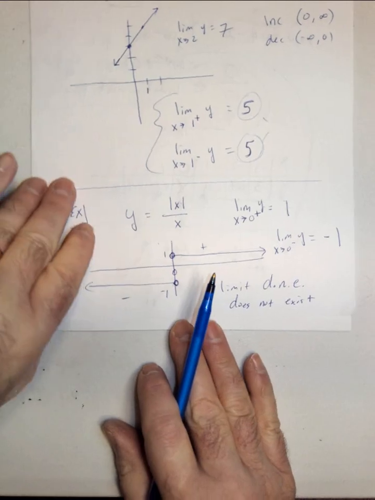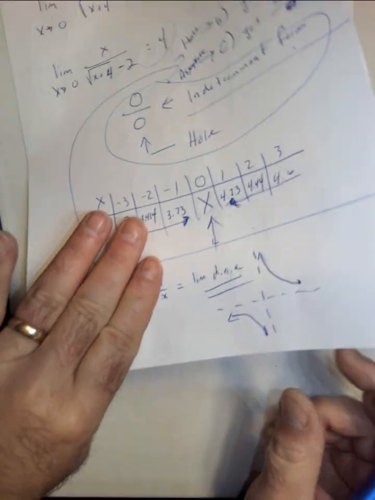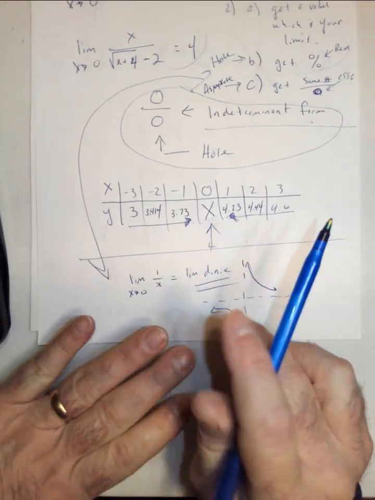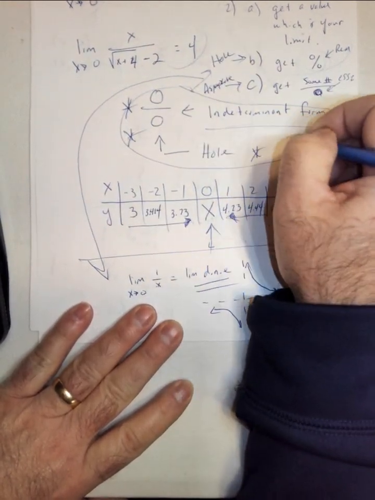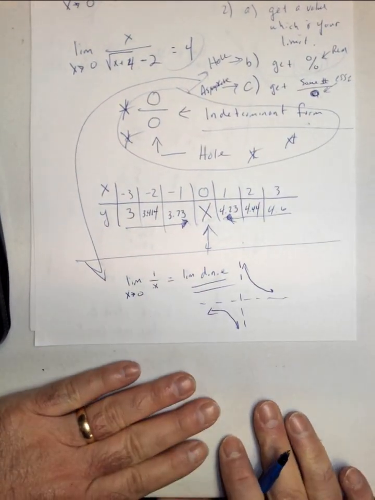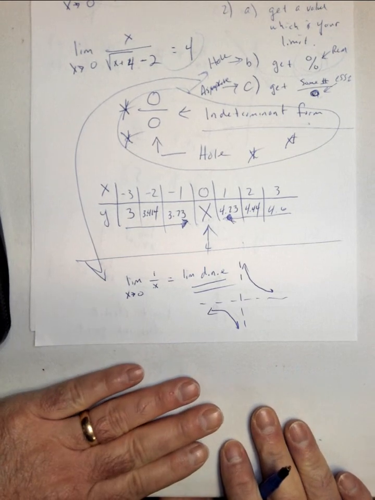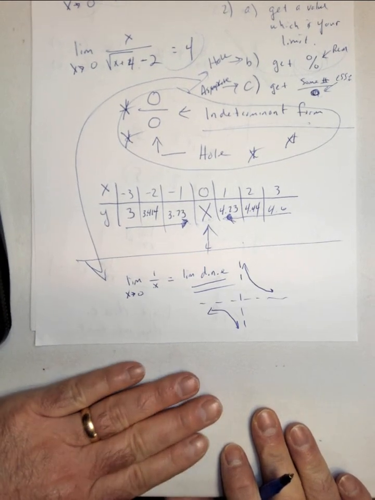As you will see as we go through chapter 12, this right here, the 0 over 0, the indeterminate form, is the most important piece of information that we get.